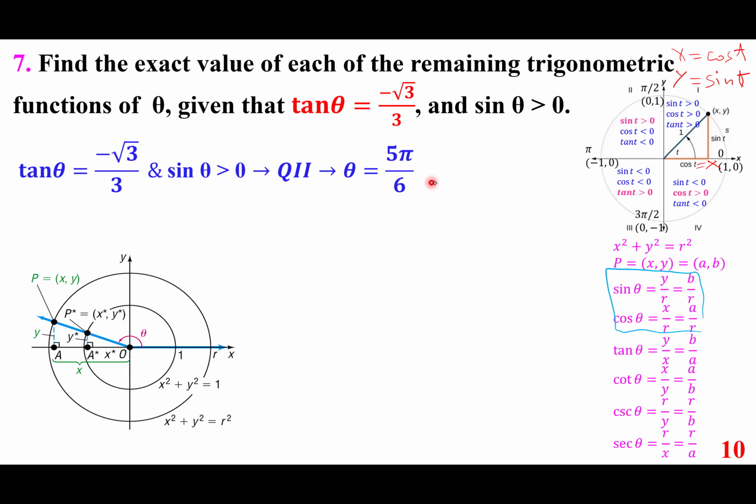So let me quickly write something for you: the theta is pi over 6. Sine of pi over 6 is 1/2. Cosine is square root of 3 over 2.